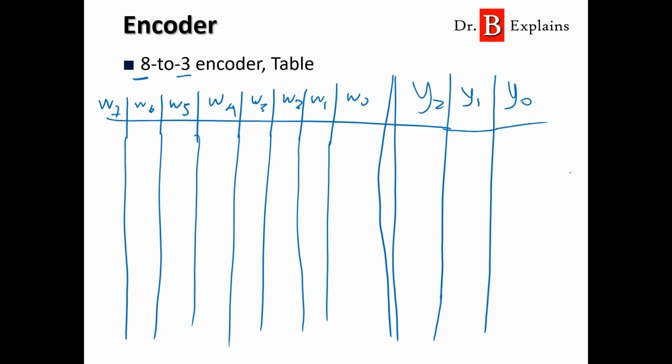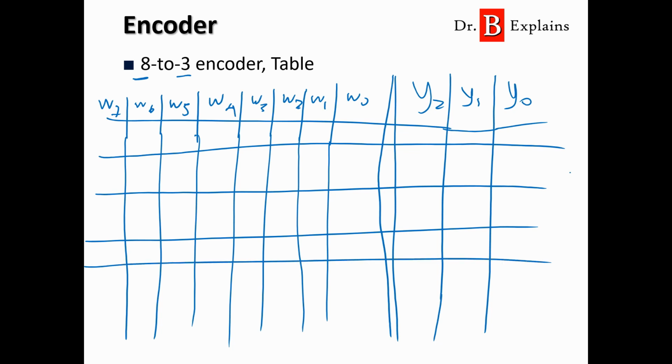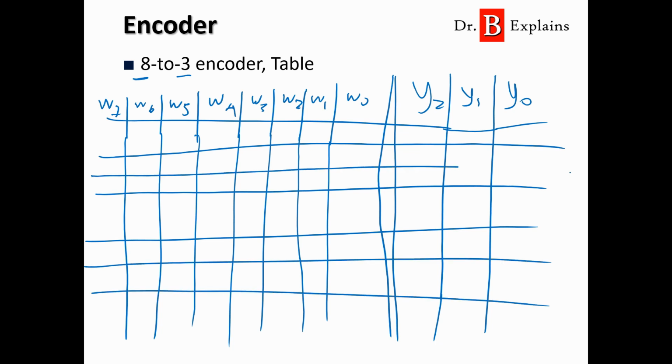Okay, so what about the table? Remember, we can only have one of the variables equal to 1 at a time. I think I'm gonna need more. So 1, 1, 1, 1, 1, 1, 1, and 1.